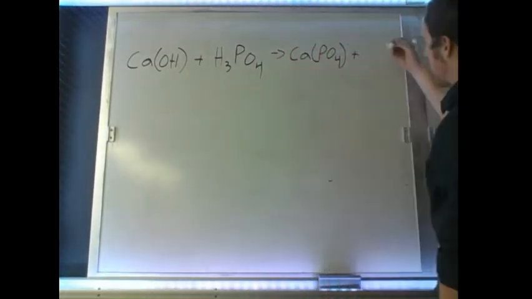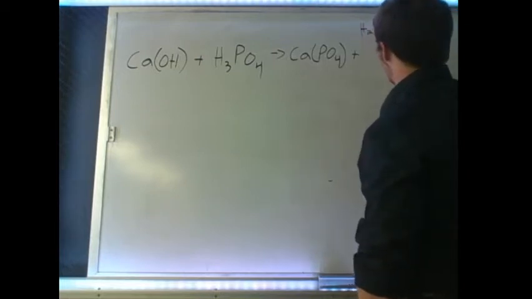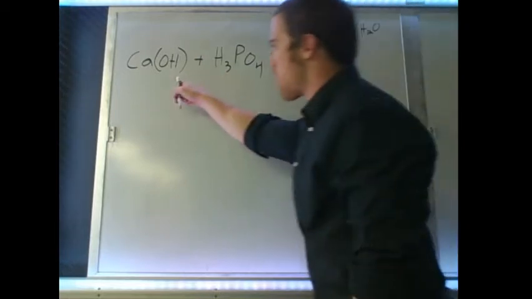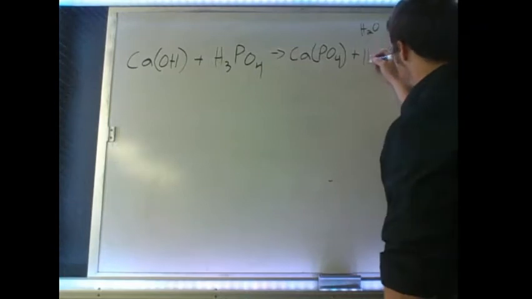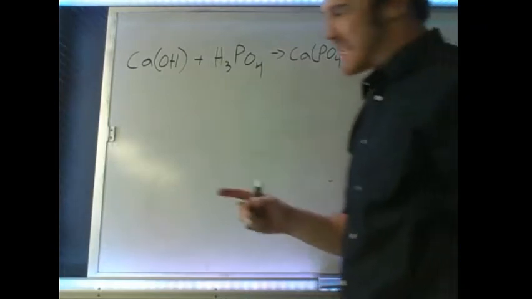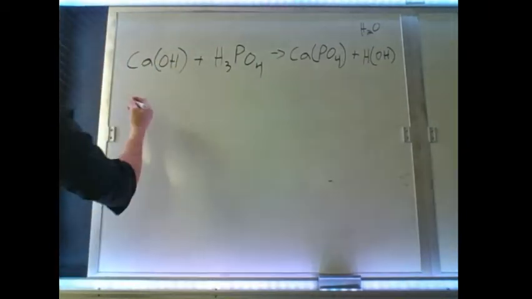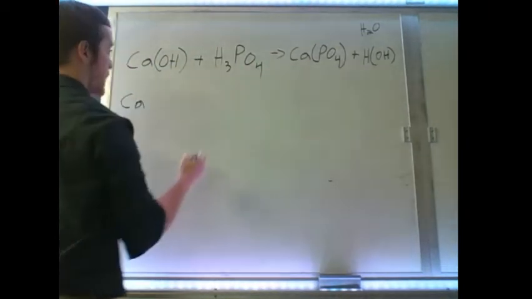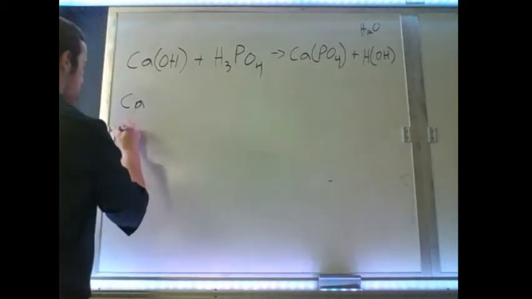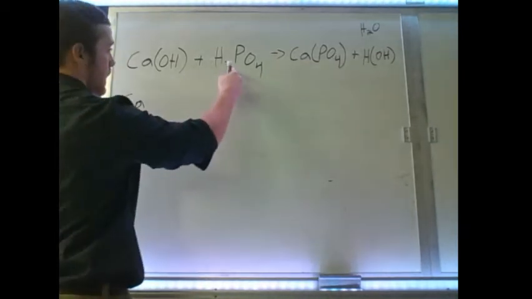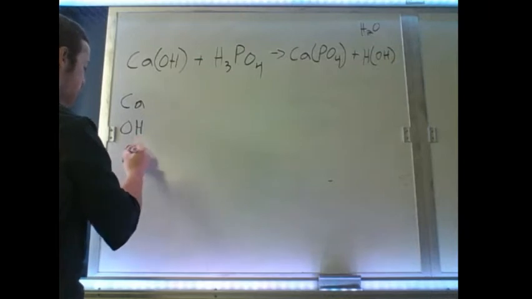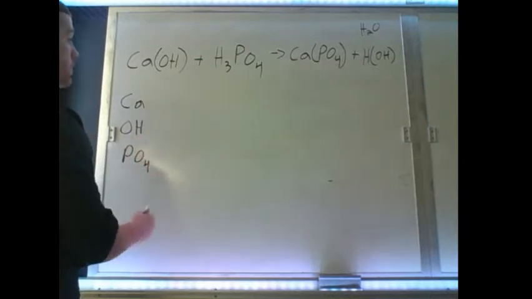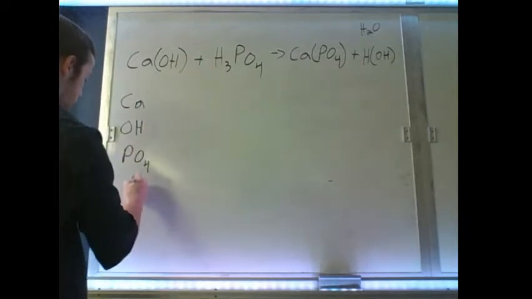One way that you can write water, there's 2 different ways. We have H2O, but since I have a hydroxide, another way I can write water is HOH. So now when I'm keeping a tally on what I have and what I don't have, I can look at calcium. I can treat my polyatomic ions the same. So I can have OH, I can have PO4, and I can have H again.